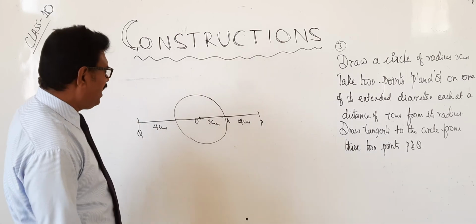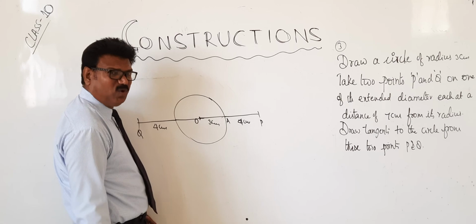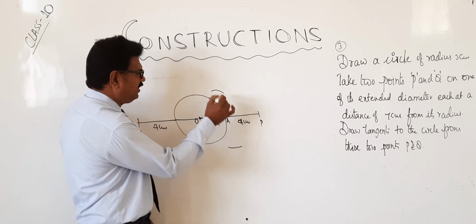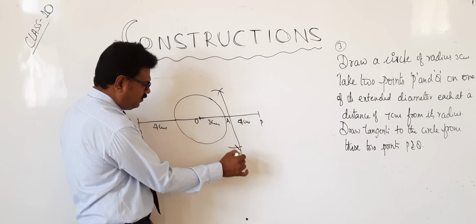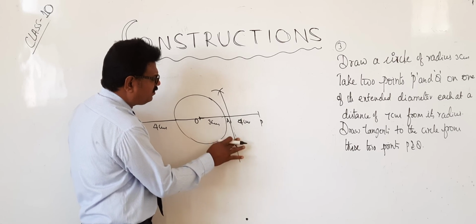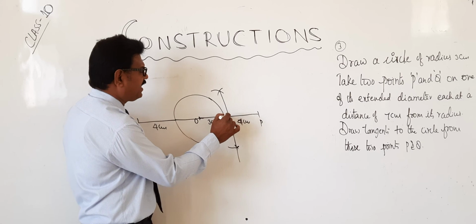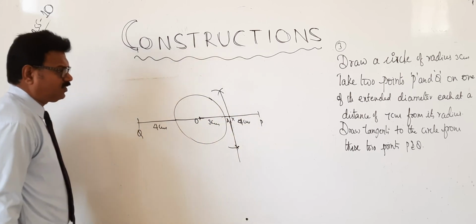Okay? Now bisect OA. Bisect OA means what? Yes, take more than half. Yes, like this. Next like this and like this. Just over. Yes. They are cutting at, for example, X. Okay?